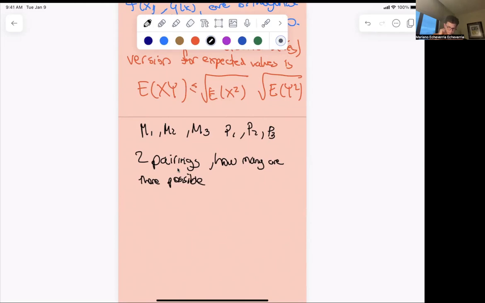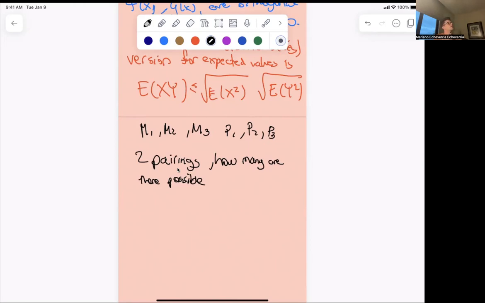So it's just like a square. You have 9 possibilities of pairings, because I considered M1 P1 the same thing as P1 M1. So there's 9 possibilities, and then from that I just said choose 2. So my final answer in this case would be 9 choose 2.